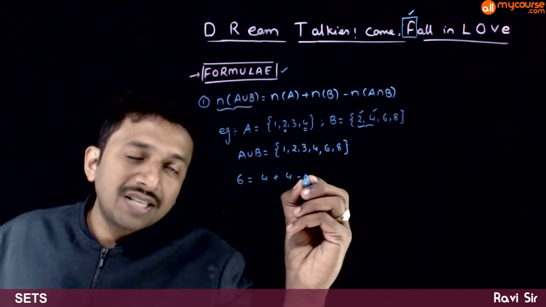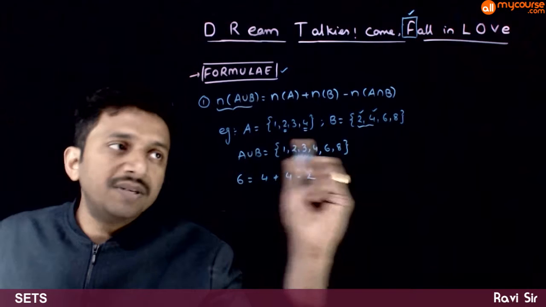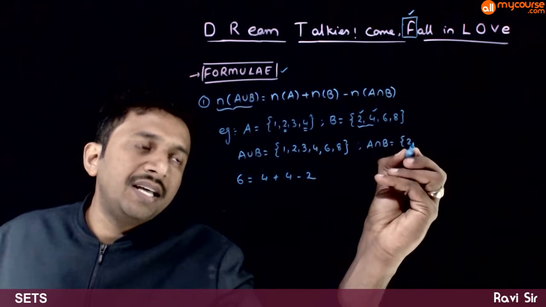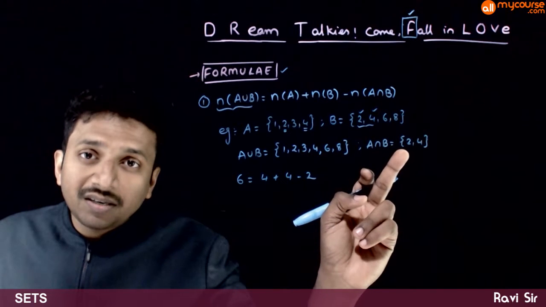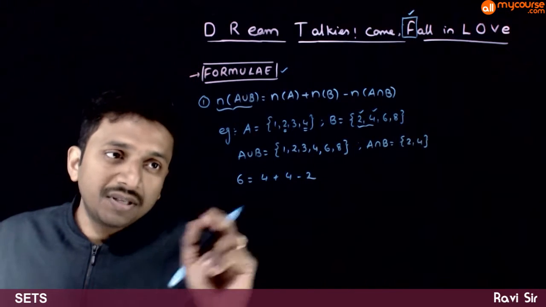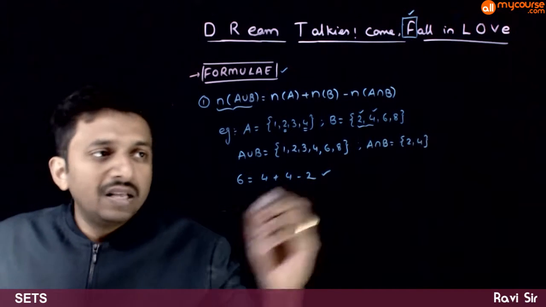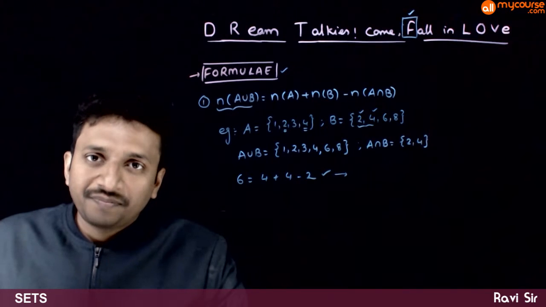So you need to subtract them once. That is, you need to subtract the 2 elements, because A intersection B is nothing but the set containing 2, 4. So how many elements are there in A intersection B? There are 2 elements. So 6 is equal to 4 plus 4 minus 2. So this is how this property works.